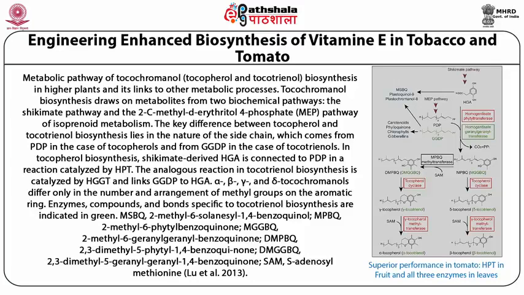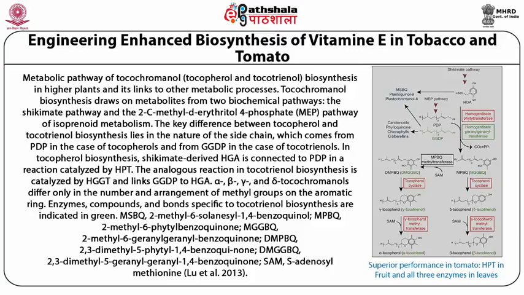When these three enzymes are overexpressed in tomato and tobacco, homogentisic acid is converted into delta tocopherol and beta tocopherol, and so on. And HPT, that is homogentisate phytyltransferase, was found to be more active in fruits and in accumulation of tocopherols, whereas all three enzymes were found to be active in the leaves of the tomato plant.